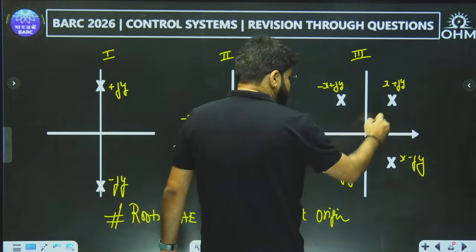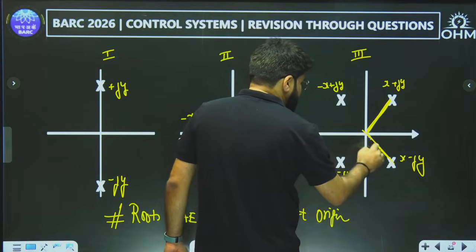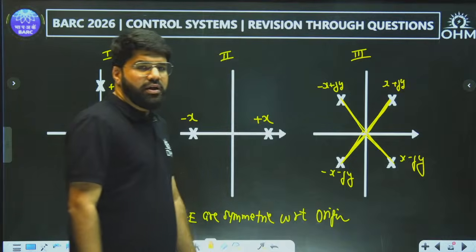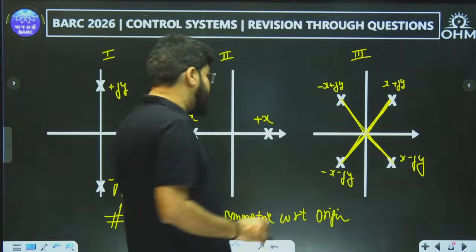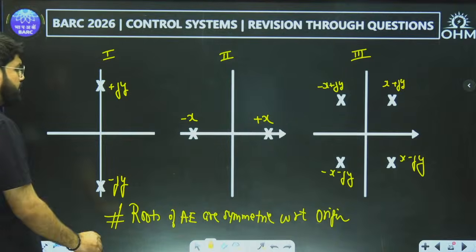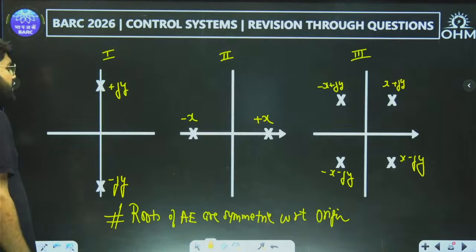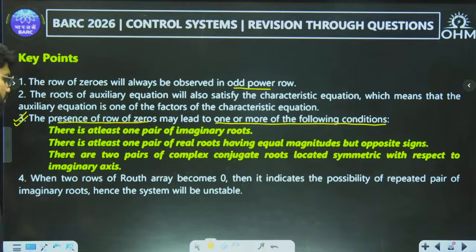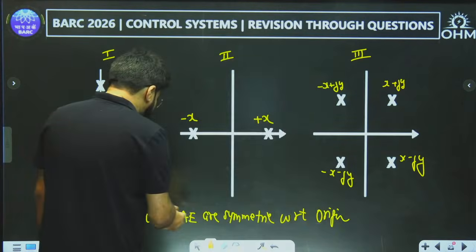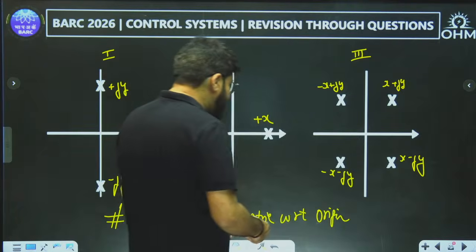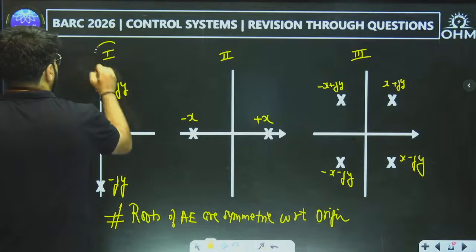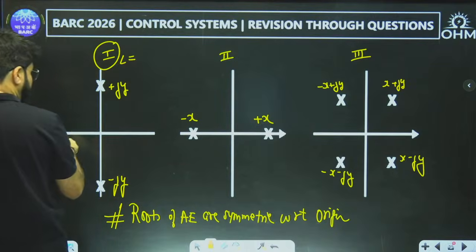And if you find the distances from the origin, all of them will have a distance equal to the square root of x squared plus y squared. The roots are always symmetric with respect to the origin for the auxiliary equation. That is a very important point you should note. One more point: in the first condition, how many roots to the left, how many to the right?